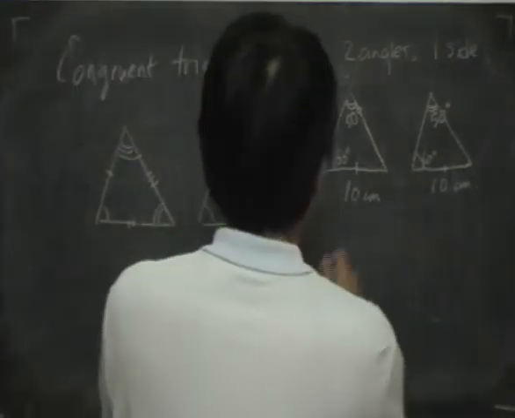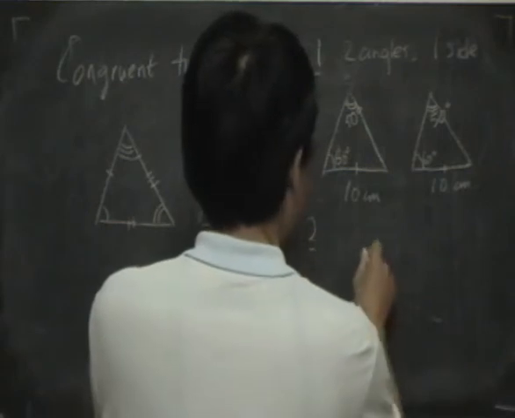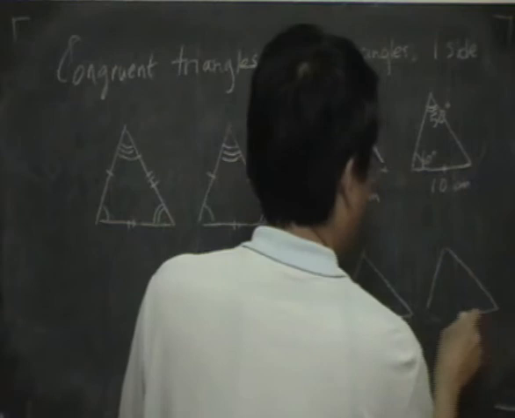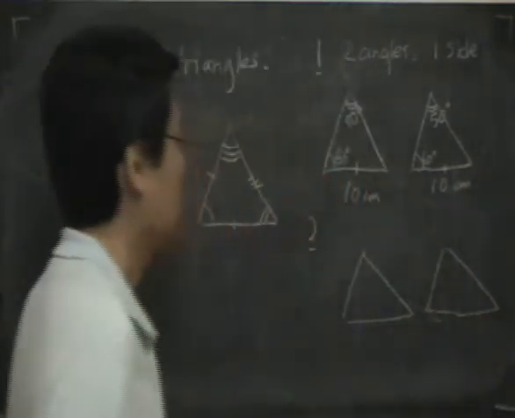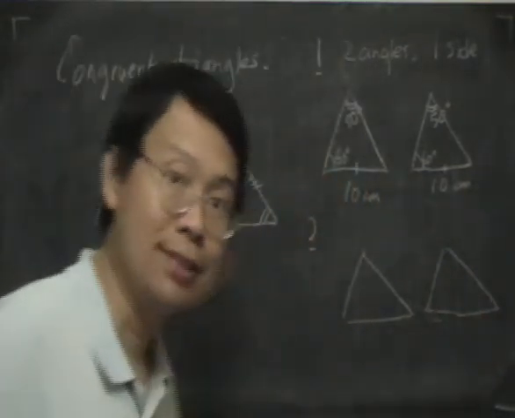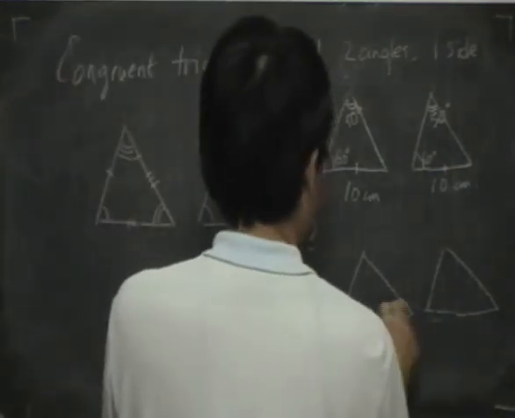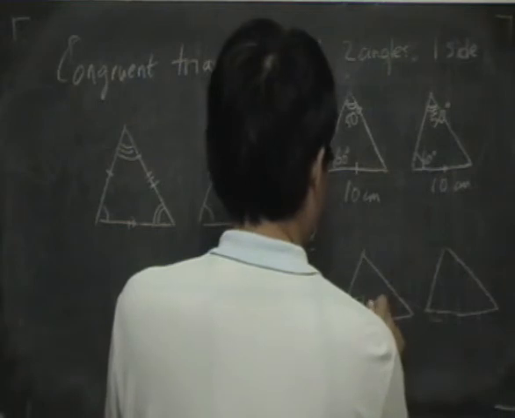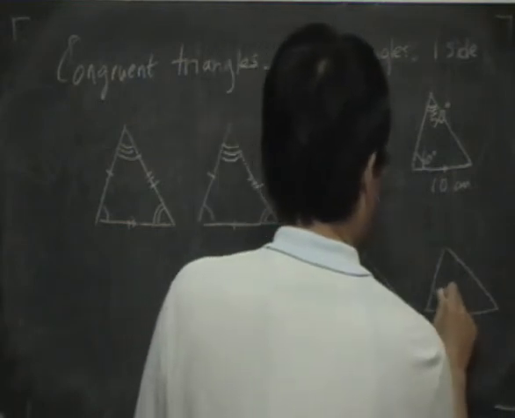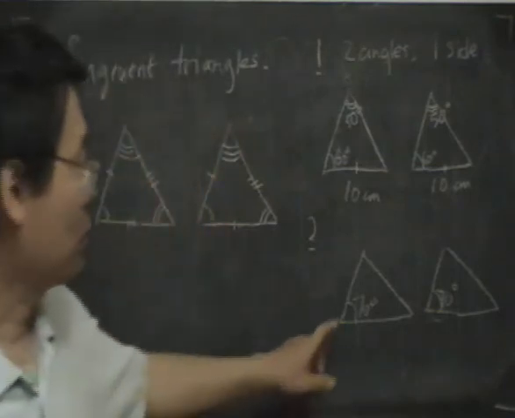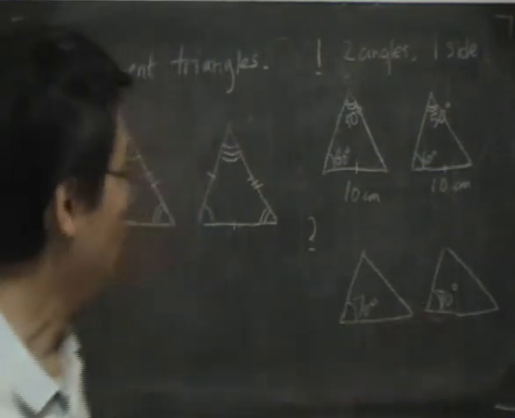Let's look at another condition. Suppose this time that we know one angle, let's say it's 70 degrees. We know that one of the angles is equal in the two.